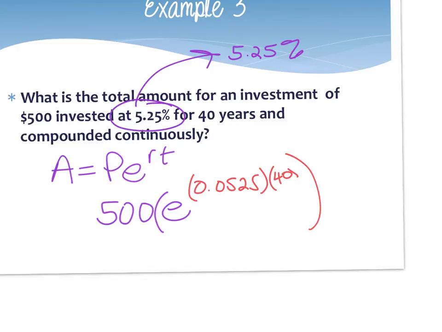So you would do 500 times E to the 0.0525 times 40. And again, make sure that 40 is in the exponent. You should get $4,083.08.